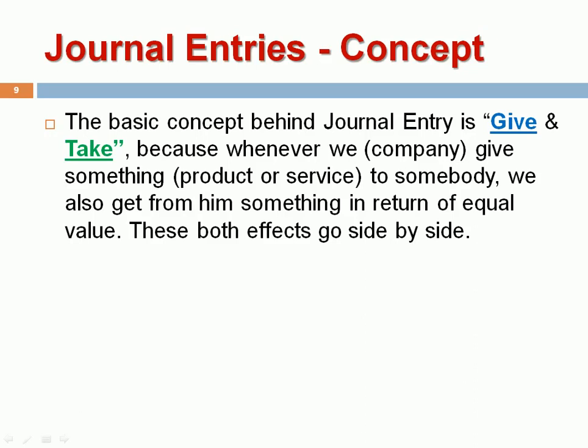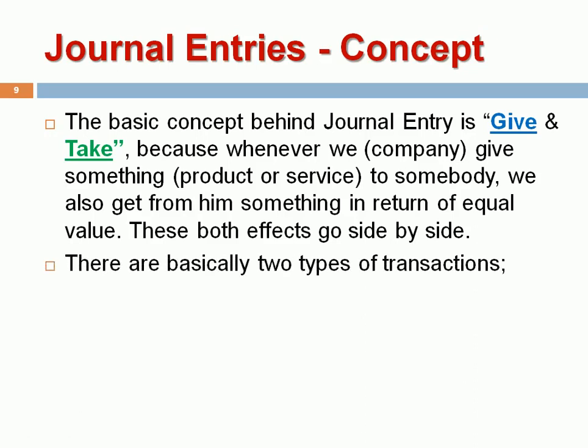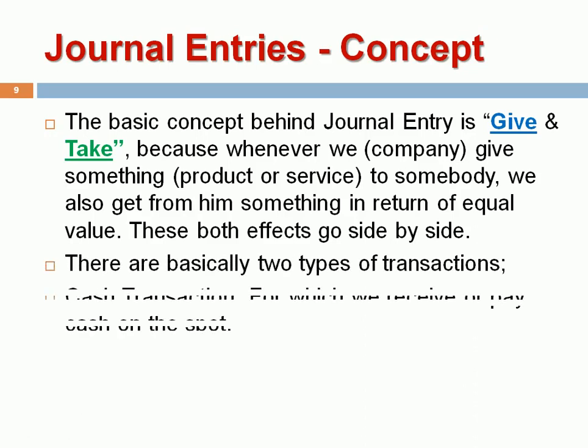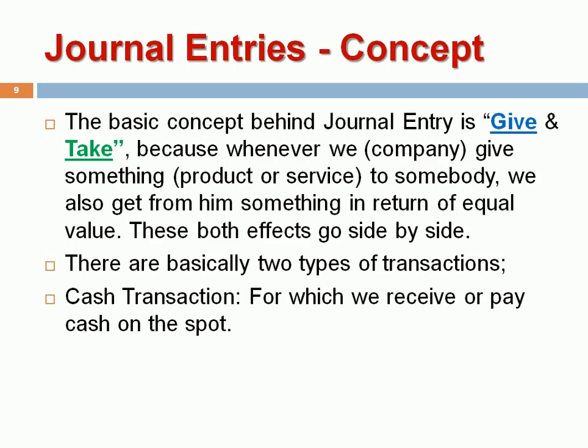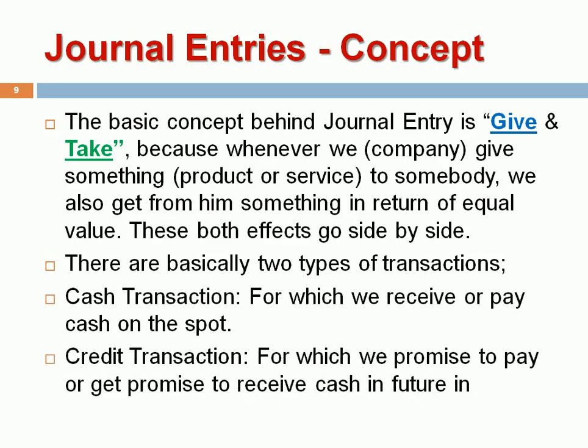The both effects go side by side. There are basically two types of transactions. One is cash transactions, for which we receive or pay cash on the spot, and other one is credit transactions, for which we promise to pay or get promise to receive cash in future.